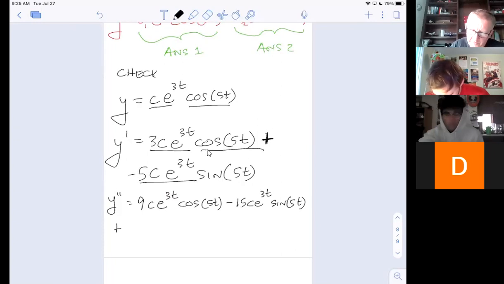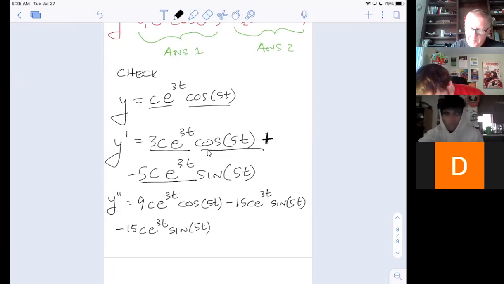So then I think, okay, what's the derivative of 5ce to the 3t? Well, wouldn't it be 5ce to the 3t times 3? So that'd be negative. So I'll just write it as a negative. That'd be negative 15ce to the 3t, and the sine of 5t comes along for the ride.